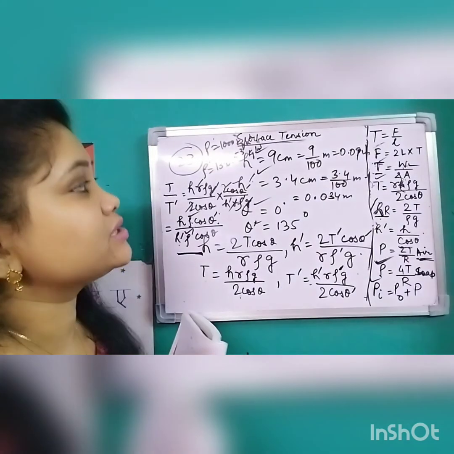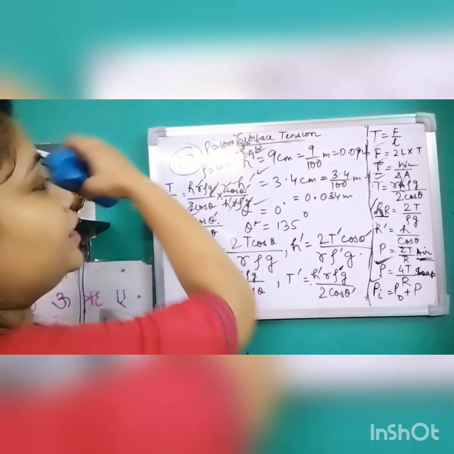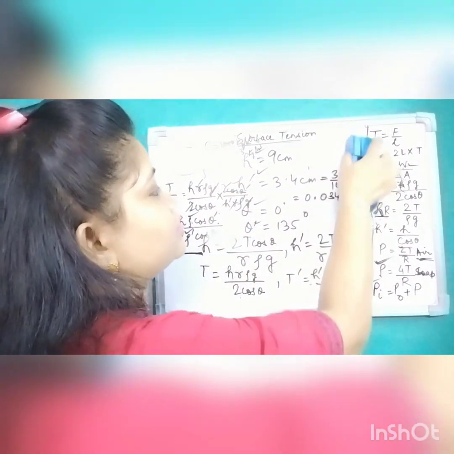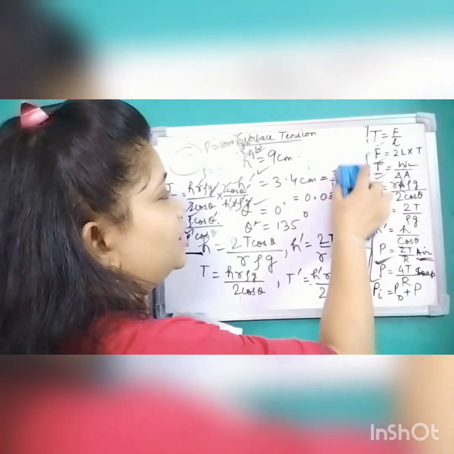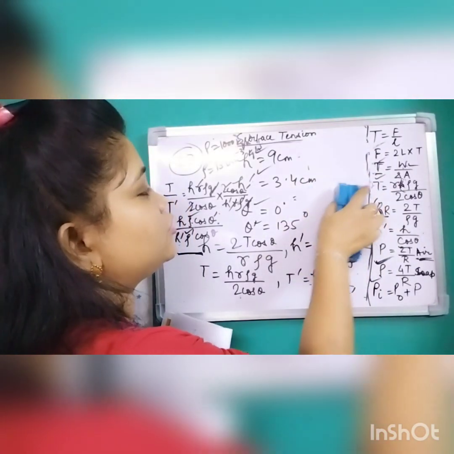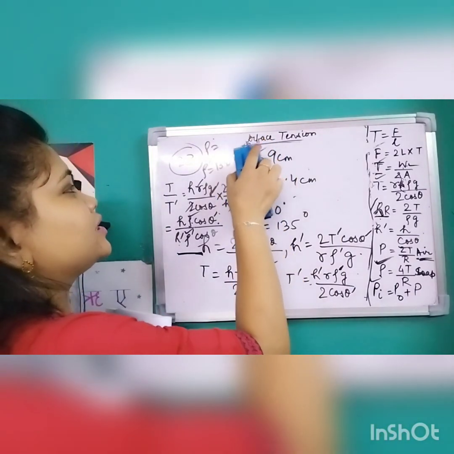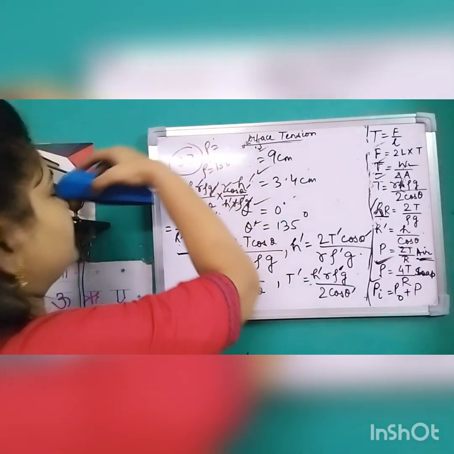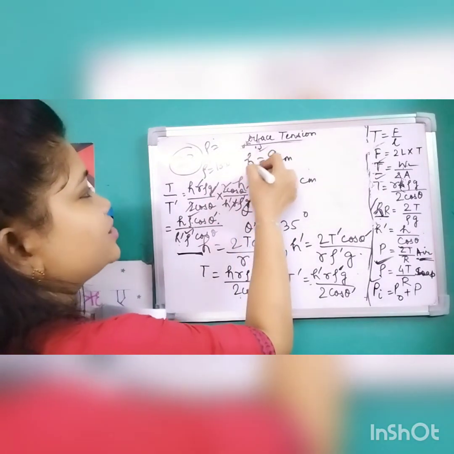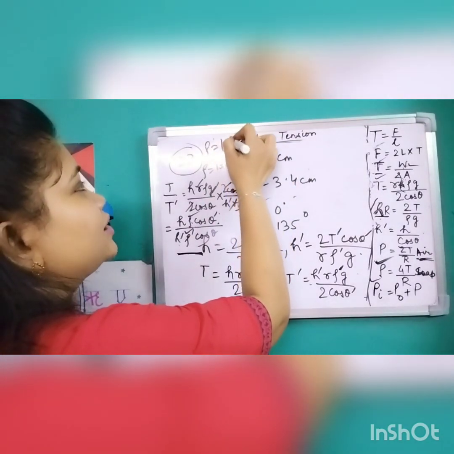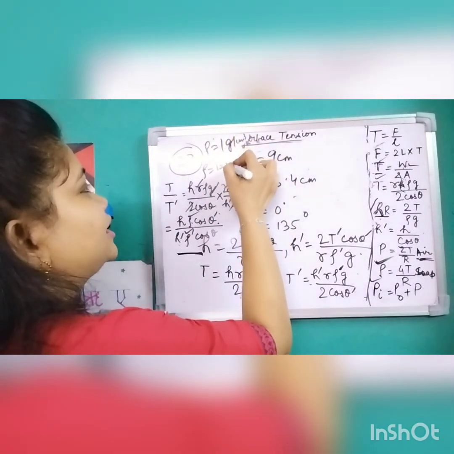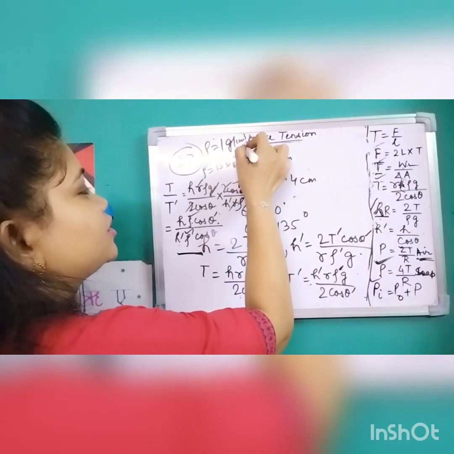Now students, you can also do it if you want. You can just keep it in centimeter also, because here it's not compulsory to convert it into meter. And if you keep it in centimeter, these values will also change, and it will be easy for you. So H is 9 centimeter, rho will be 1 gram per centimeter cube, and rho dash will be 13.6 gram per centimeter cube.